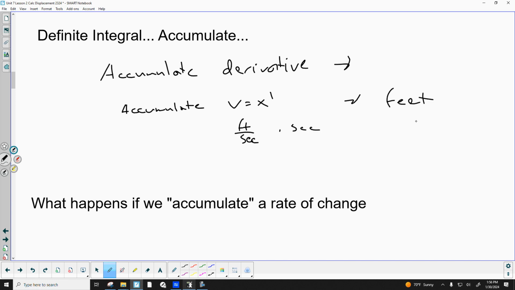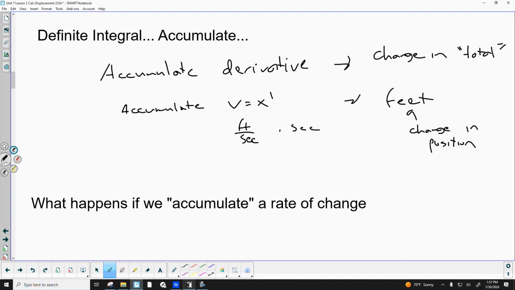You get a change in position. If you accumulate a derivative, you get a change in whatever you started with. We'll call it a total.